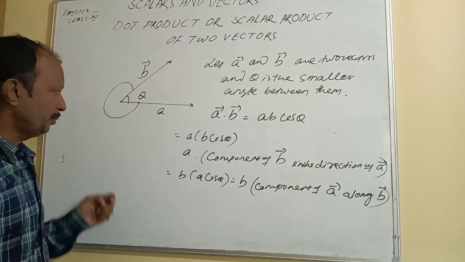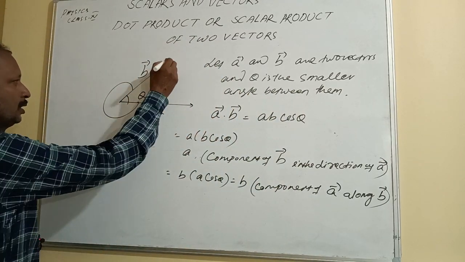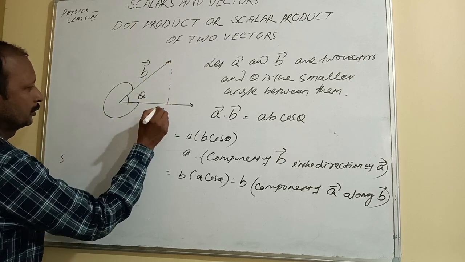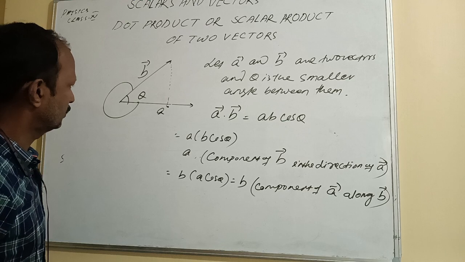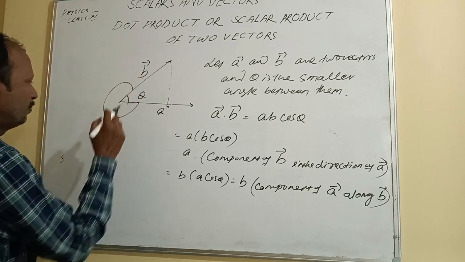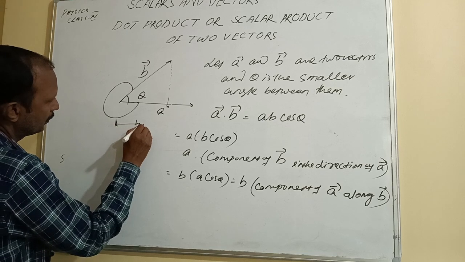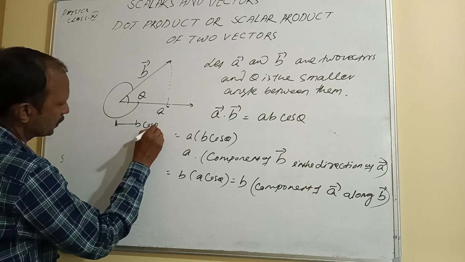So you see that from here I am drawing one perpendicular. Suppose this is the X, this is the B. Here to here I can say this is B cos theta.